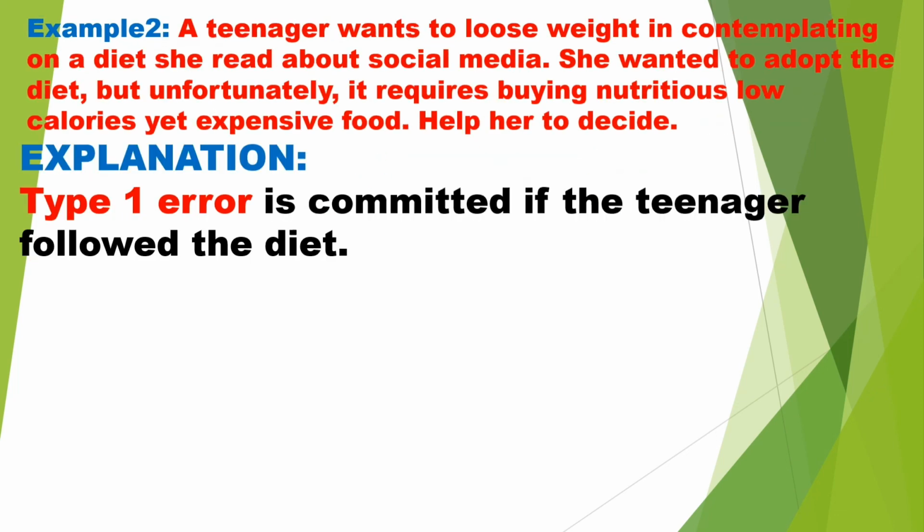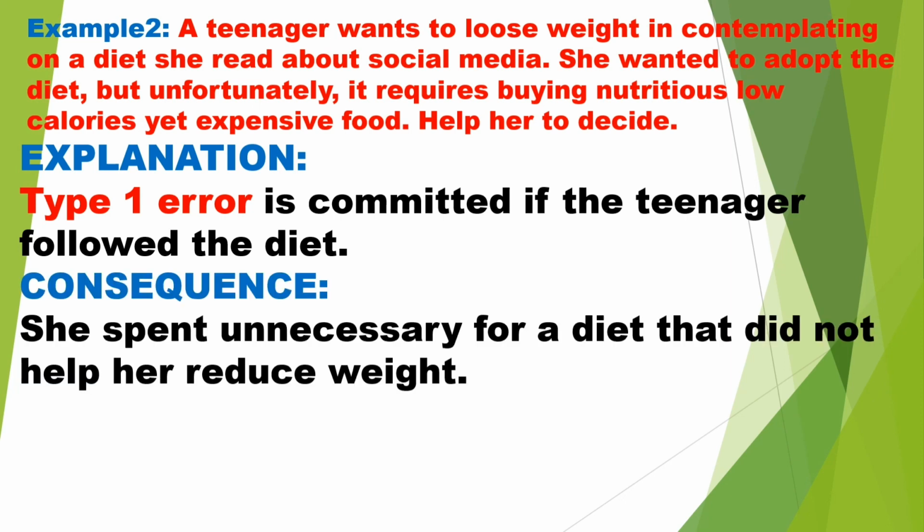Type 1 error is committed if the teenager followed the diet. Why is it an error? Just because the teenager instantly followed the diet even though the product is not yet proven. By that, the possible consequence is she spent unnecessarily on a diet that did not help her reduce weight.